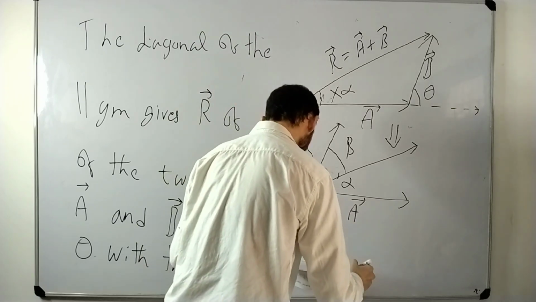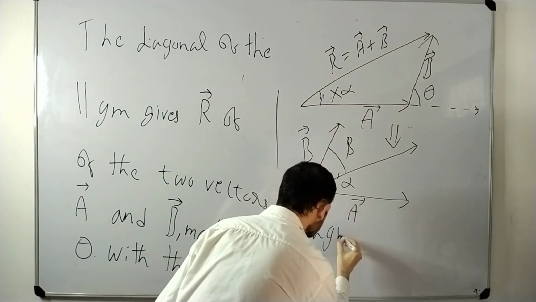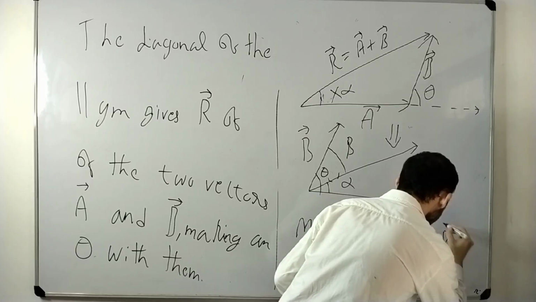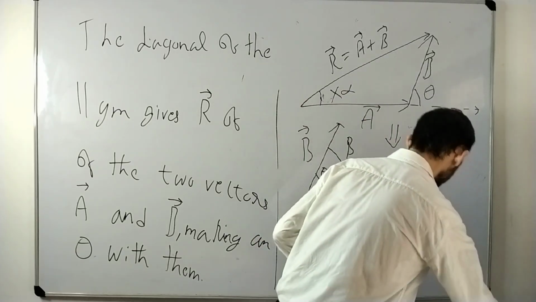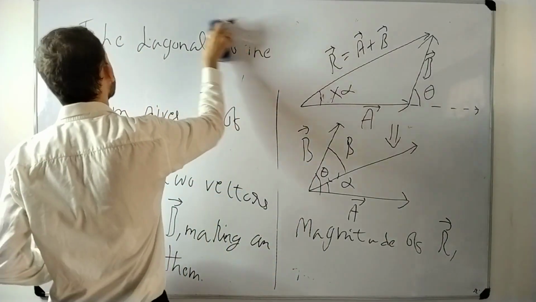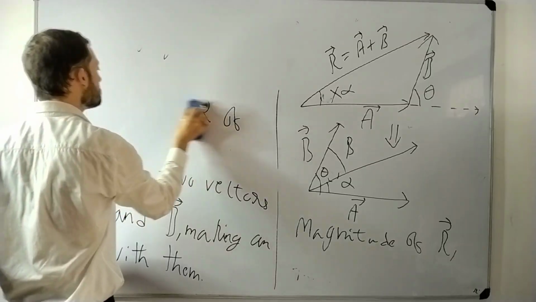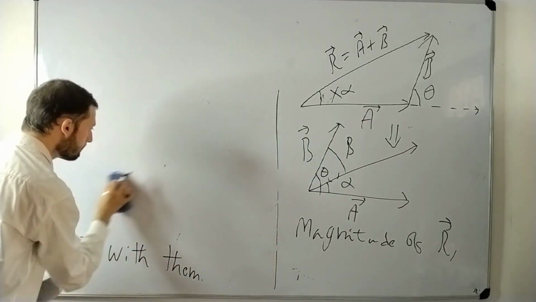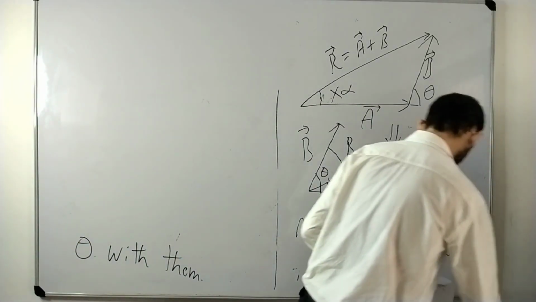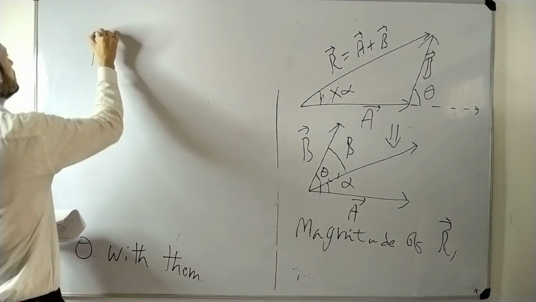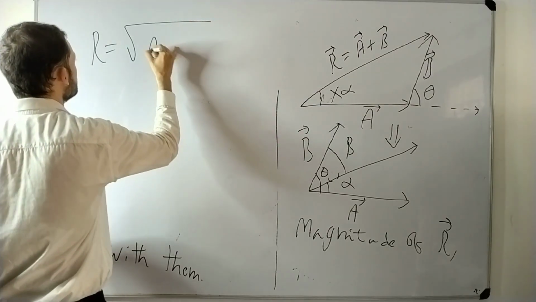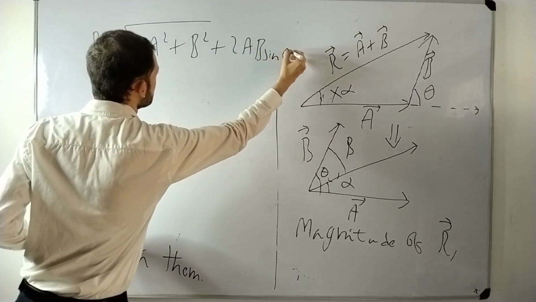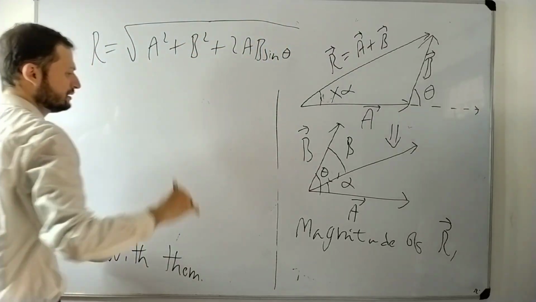So I would write the magnitude of R is such that R = square root of A square plus B square plus 2AB cos theta. This is the magnitude of R, the resultant.